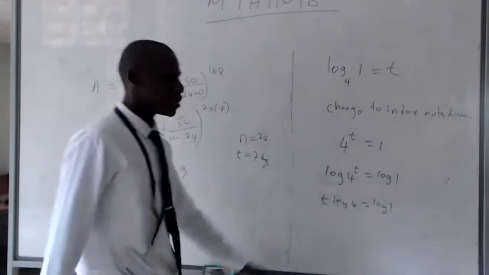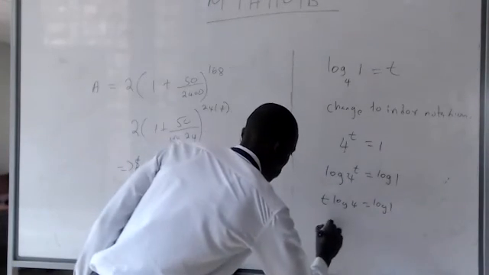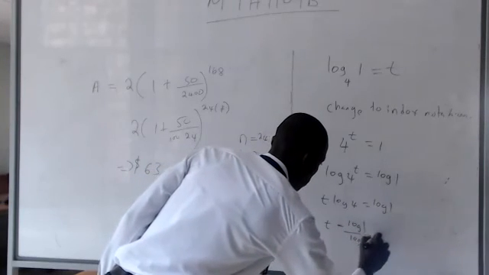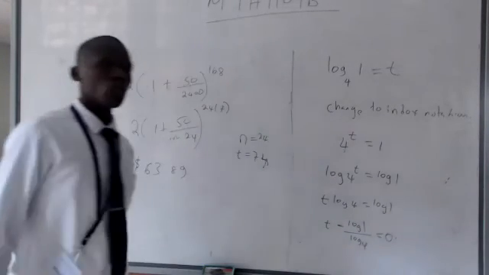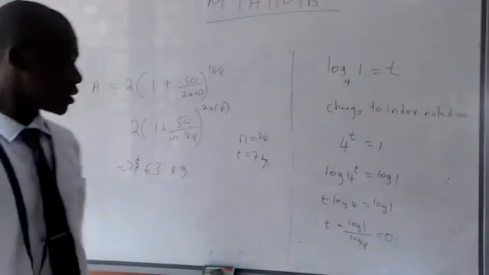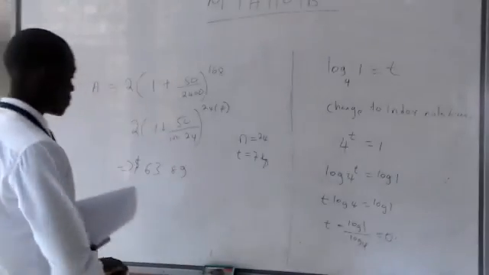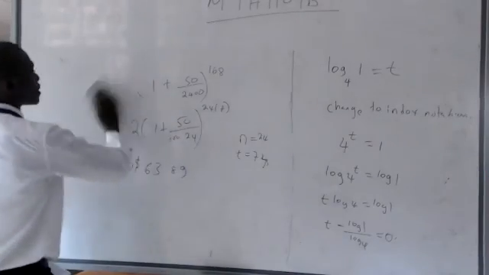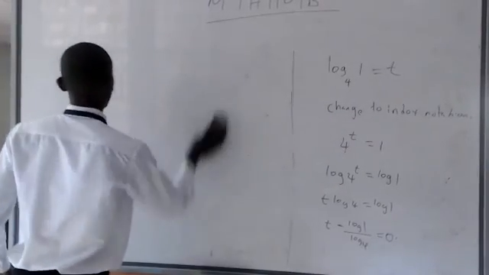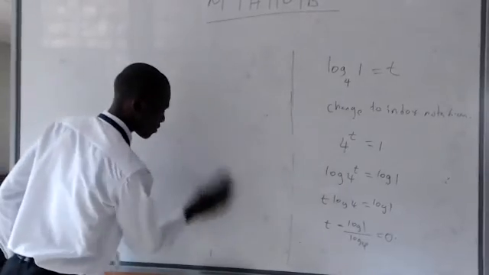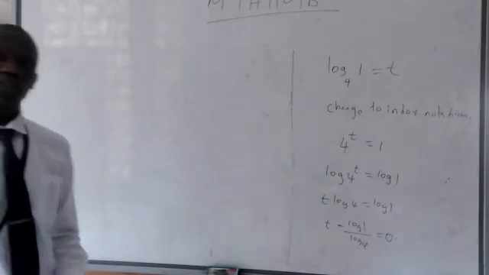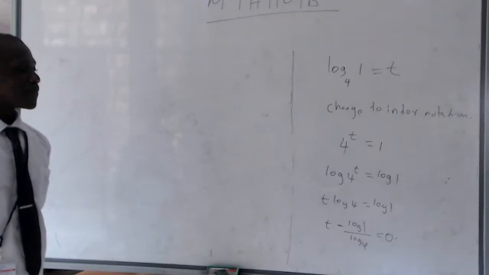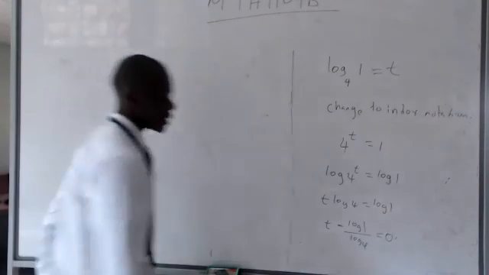I could take any base; I've decided to take base 10. So t is going to be log of 1 divided by log of 4. That's going to be 0. You are asked to write the answer to 4 decimal places. What is 0 written to 4 decimal places? 0.0000. Just add zeros.